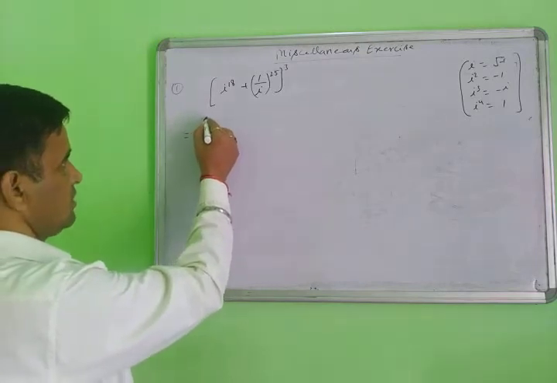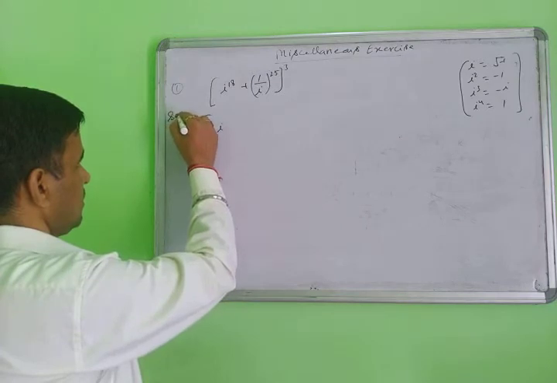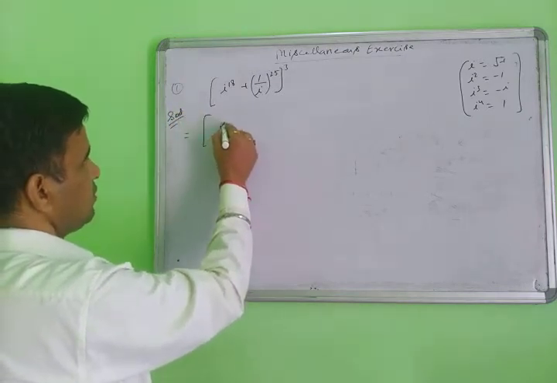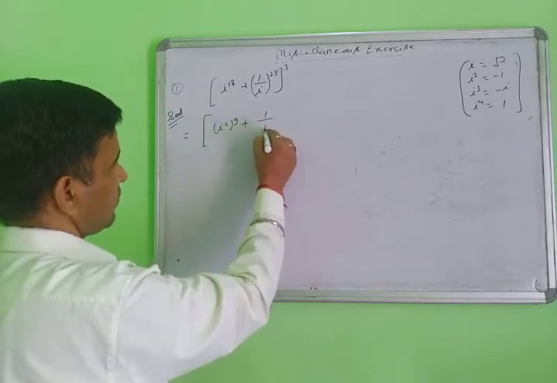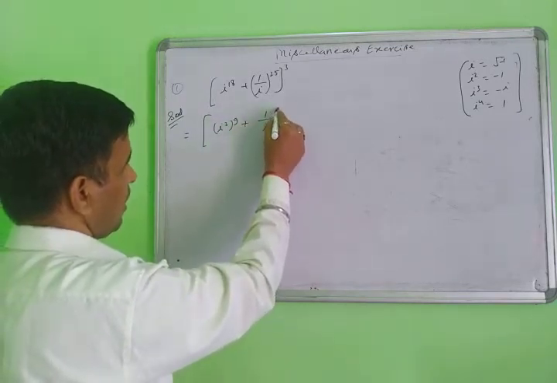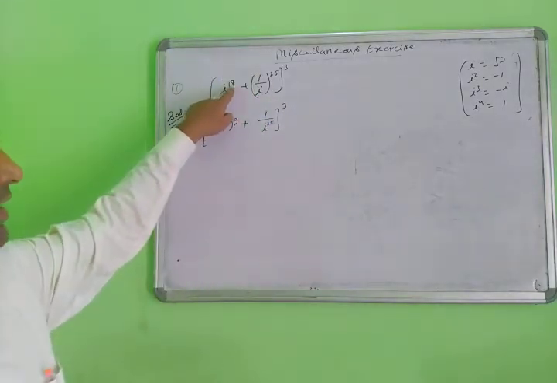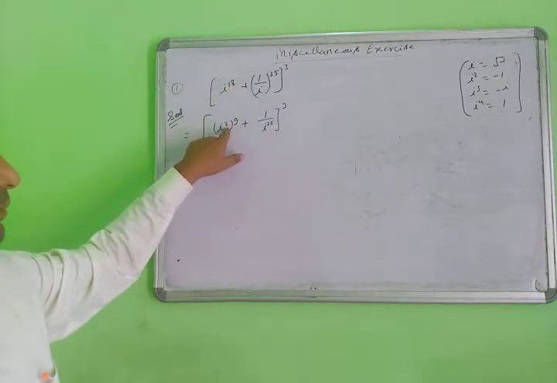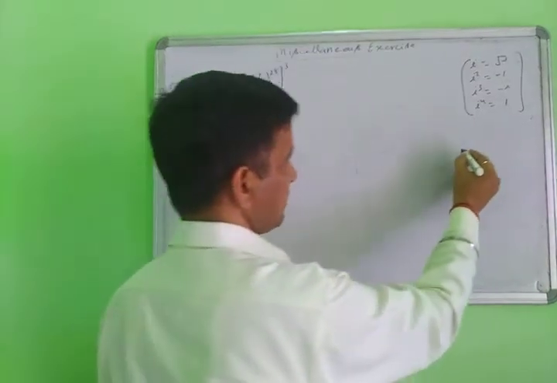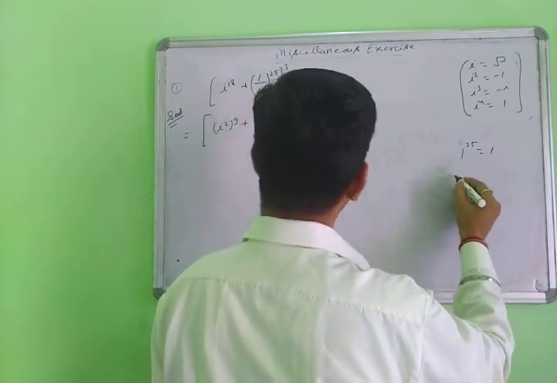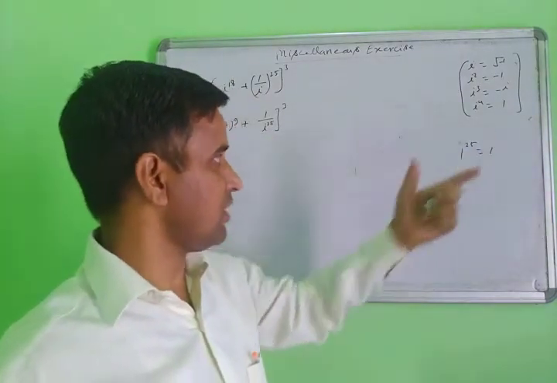Yes, now start the solution here. Iota 18 is iota 2 into 9, plus 1 upon iota 25, and whole power is 3. First I am converting iota 18: 18 breaks down into 2 into 9. The 1 exponent 25 means 1.